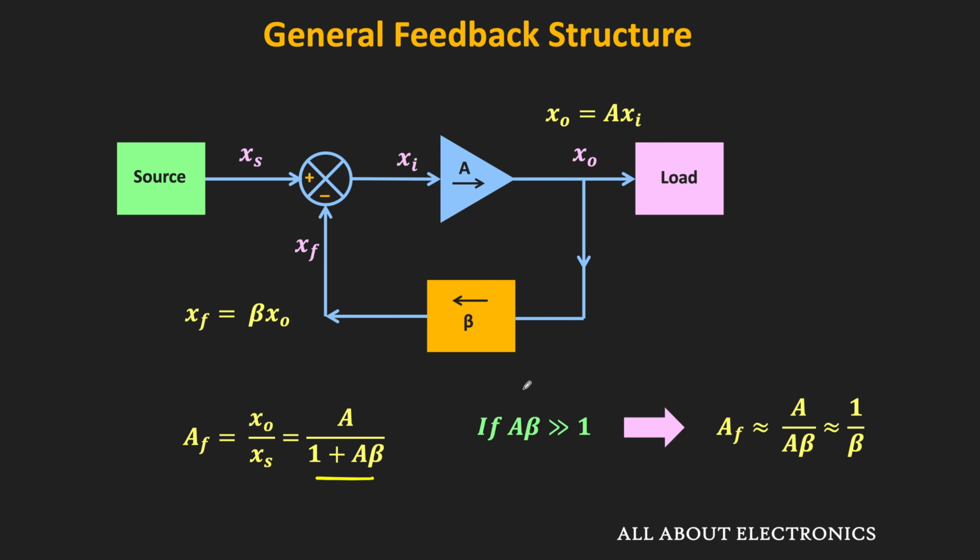In that case, it is entirely determined by the feedback network. Typically, the feedback network consists of passive elements, and that is why it is possible to select the precise value of these components. Or in a way, it is easy to set the gain of the feedback amplifier.